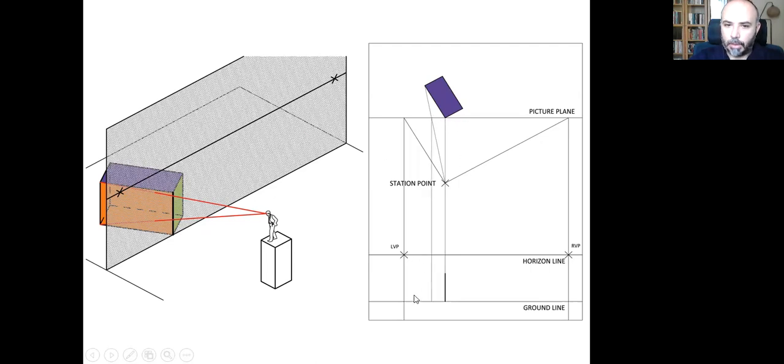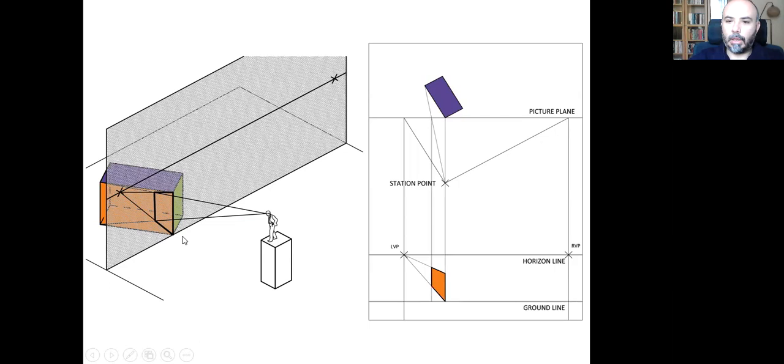And by transferring it to the projection plane, I am finding this line here, their intersection. And by combining these lines with the left vanishing point, in fact, I am determining the projection of this surface here.